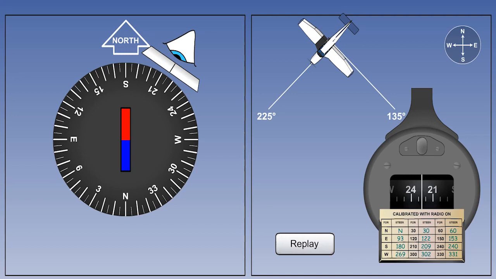Although the aircraft has turned 90 degrees around the compass, this time the magnet has been rotated in the opposite direction by a small amount, say 20 degrees. We see 110 degrees of heading change briefly, and the compass overreads. In order to stop on the correct heading, the turn must be stopped when the compass reads 245 degrees, or 20 degrees late.